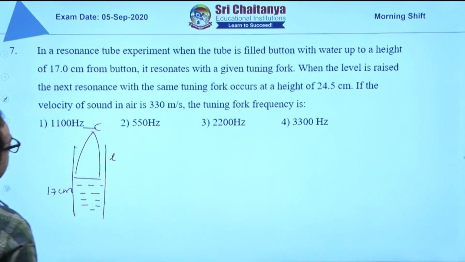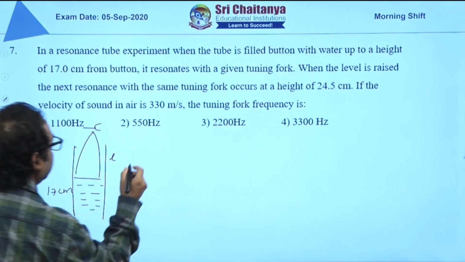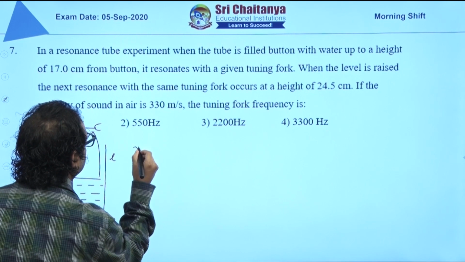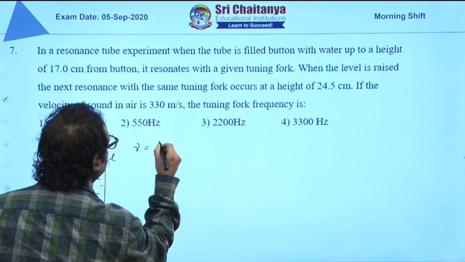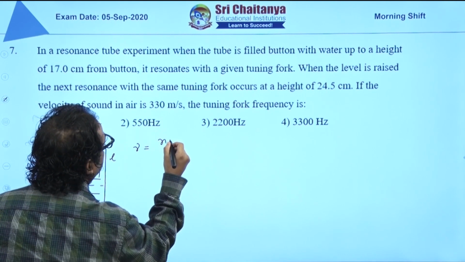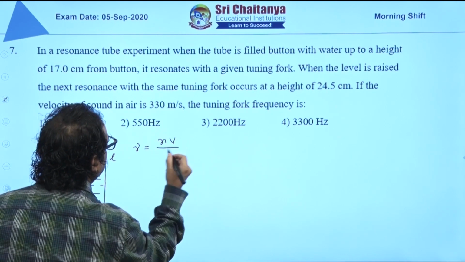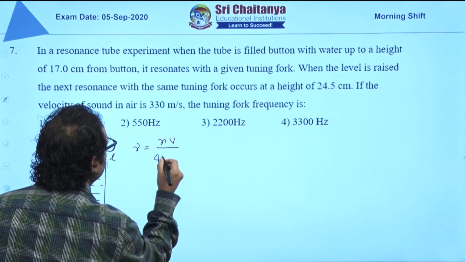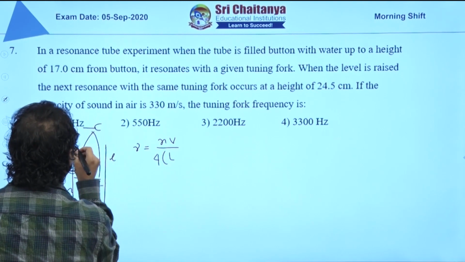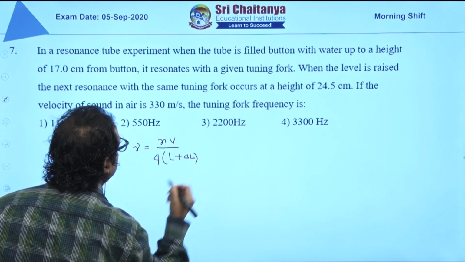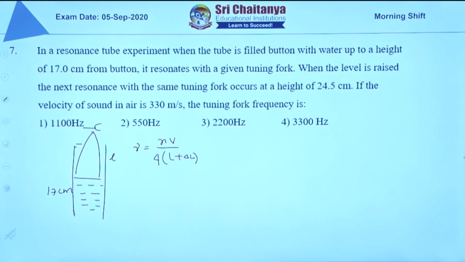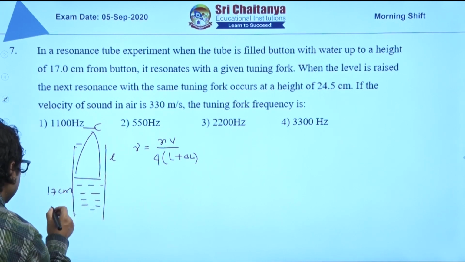So, we know what is the frequency formula. So, frequency is nothing but it is your, let us say it is n times V divided by 4 into L plus, let us consider the end correction to be delta L. Is it clear?